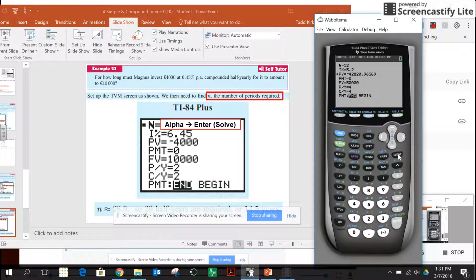So I don't know the compoundings. The interest rate, 6.45. Present value, negative 4,000. We're not making payments. We want to end up with 10,000. So we're trying to find out how many years it's going to take with half yearly interest.